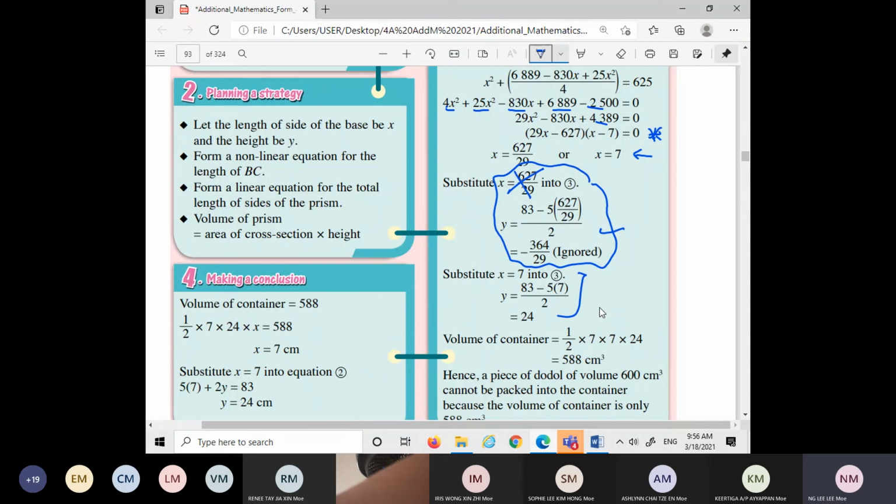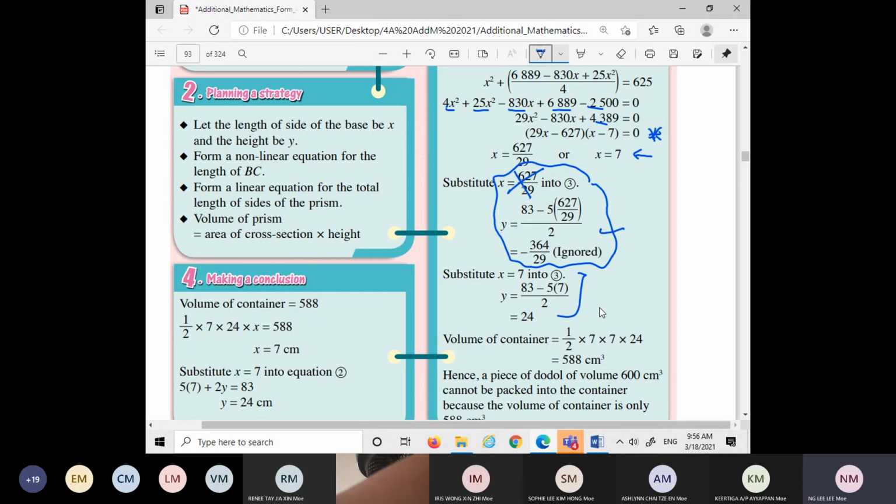Usually when solving problem questions, you will see examples like the length, the distance, the time. With this type of question you have to be careful with the final answer. Maybe out of the two sets of answers, one set you have to ignore, because for length, time, all this, you cannot accept a negative answer.